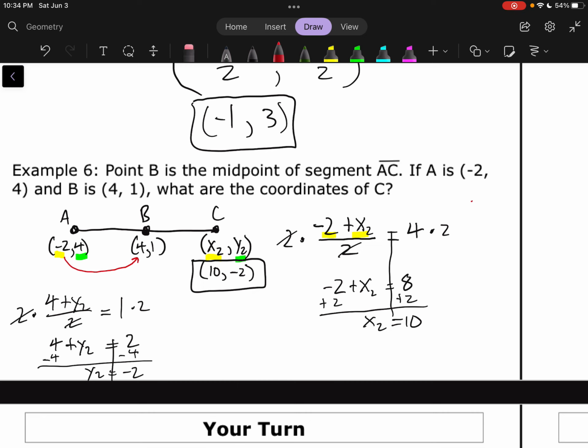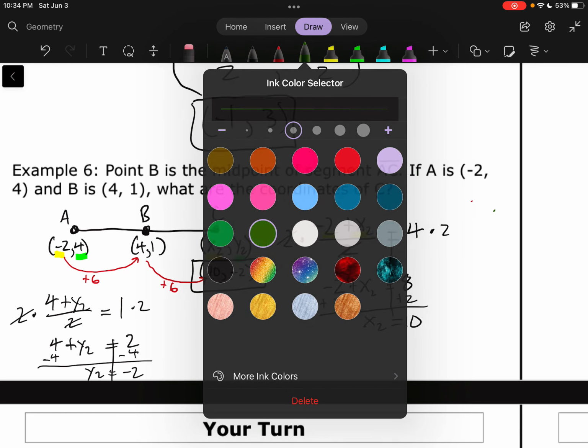Because hypothetically, whatever we do to get from negative 2 to 4 should be the same thing that we do to get from 4 to 10, because it's the halfway point. So to get from negative 2 to 4, we'd have to add 6, right? Negative 2 plus 6 gives us 4. Well, what do we do when we do 4 plus 6? We get 10, right?